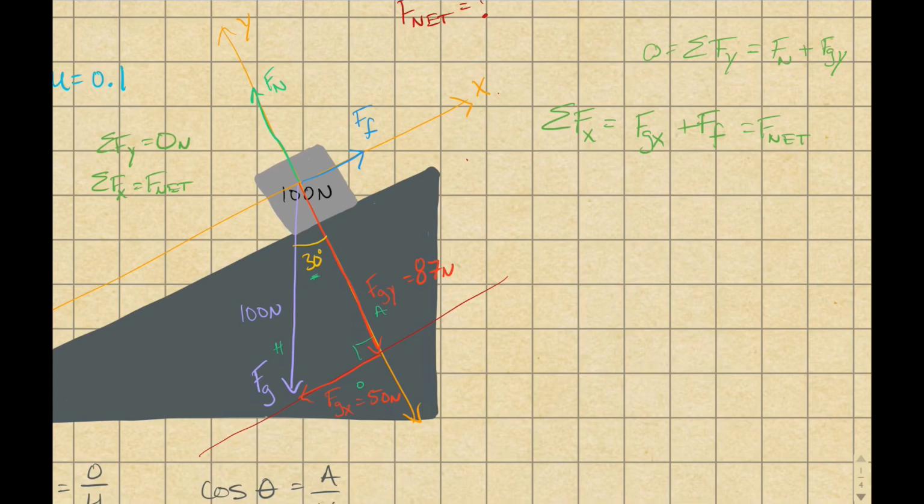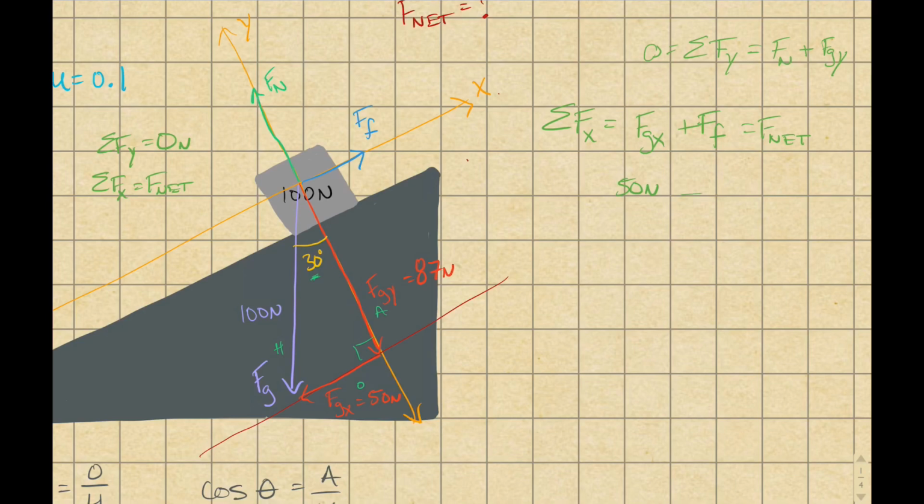Now we can start to think about some of these numbers. We could put in some numbers here. For example, I know that this is 50 newtons, but I don't know what my force of friction is yet because I'm going to have to do some calculation up here. I know that my force of friction is equal to mu times my normal force.